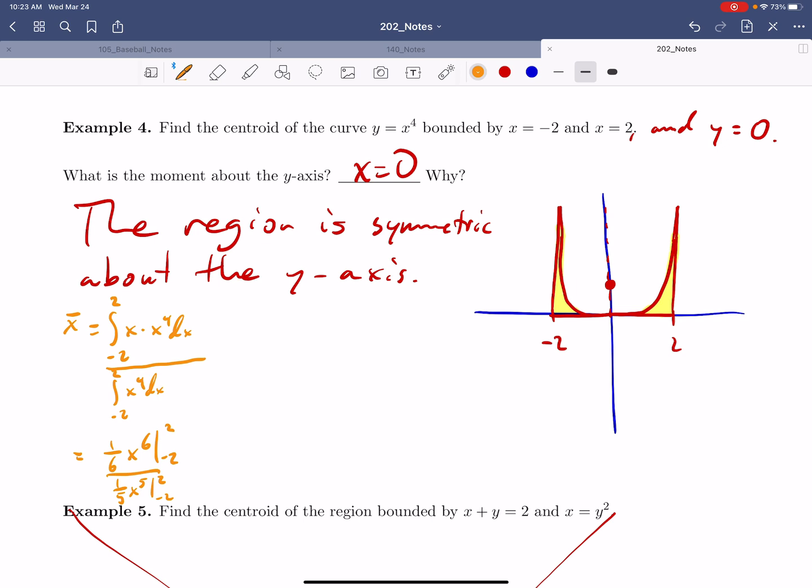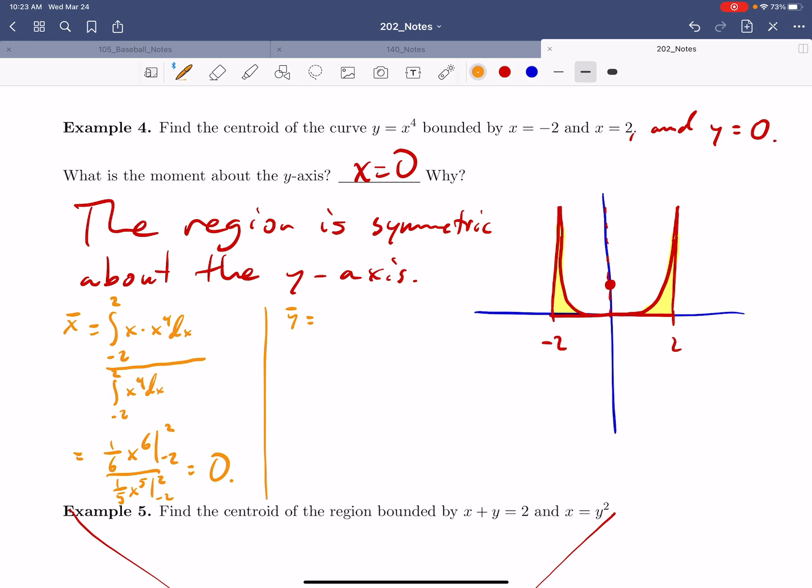And I think you'll see that you're going to get 0. Pretty straightforward. But again, on the exam, you would not need to find x bar. Now, to find y bar, usually a little bit more involved, but I think we'll be okay.